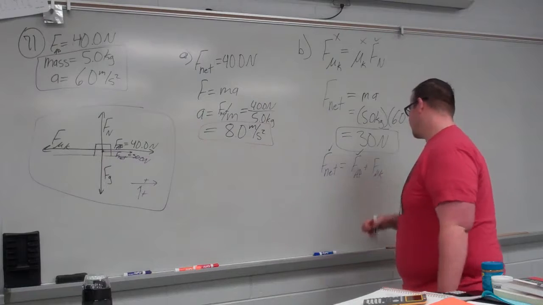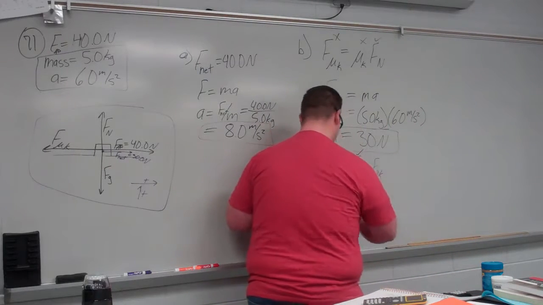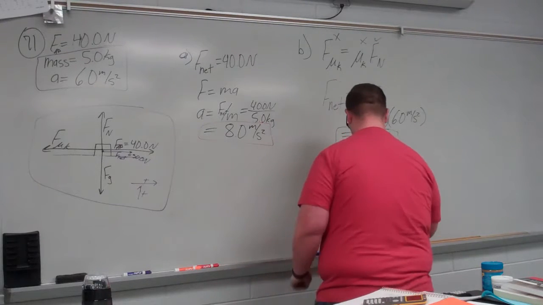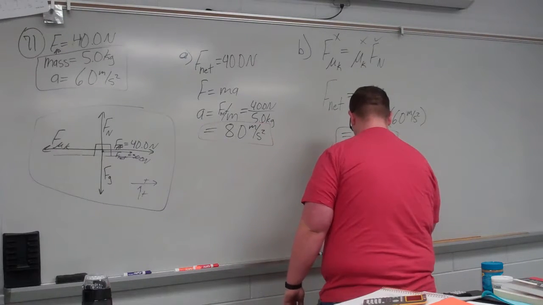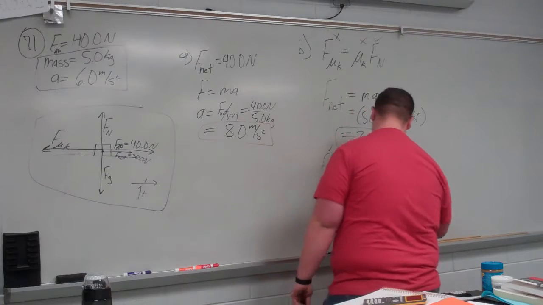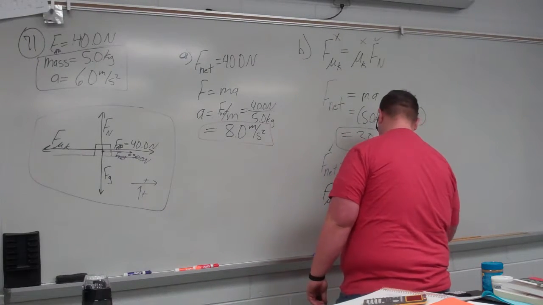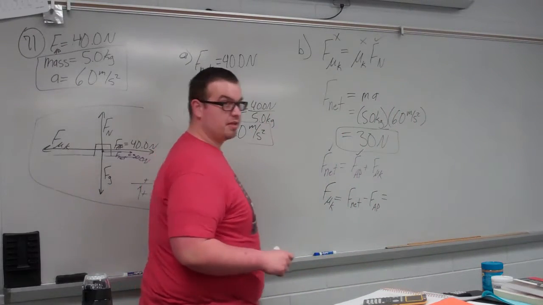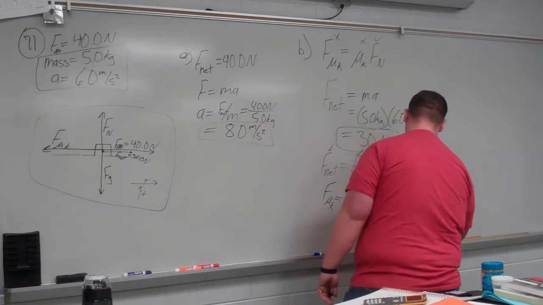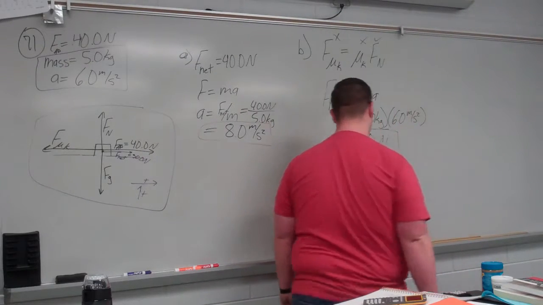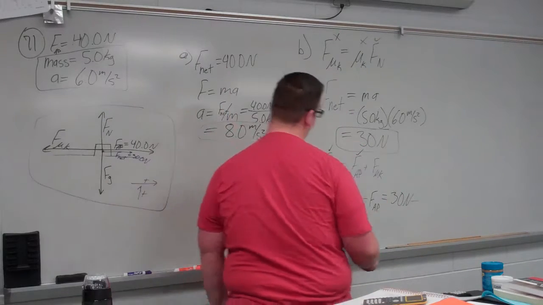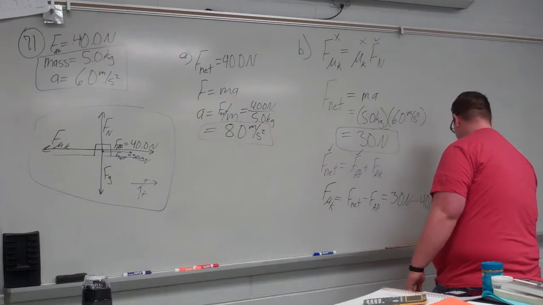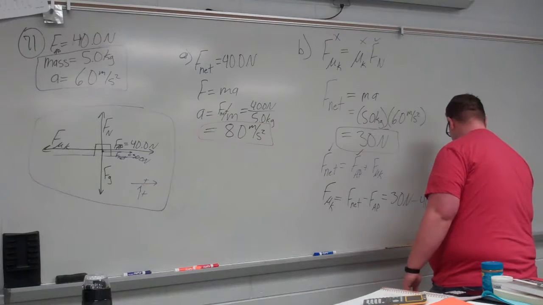So now I'm going to solve for the kinetic friction force, which is equal to the net force minus the force applied, which will be equal to my net force, 30 newtons, minus force applied, which I'm given, just 40 newtons, and it will be negative 10 newtons.